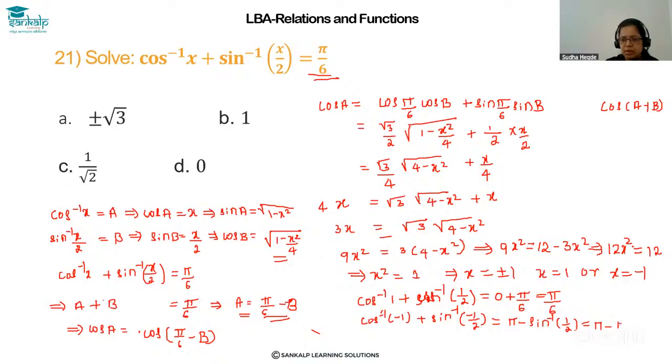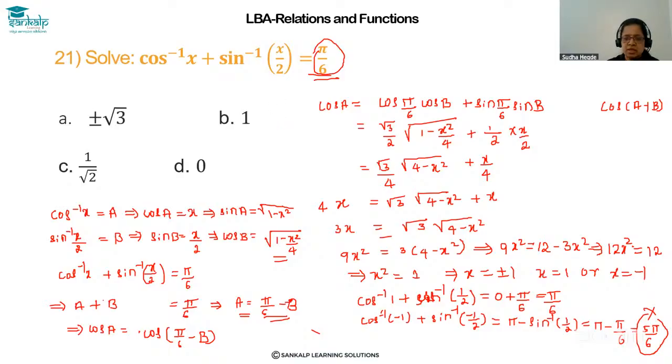It is pi by 6. So you are getting 5 pi by 6. Correct? So it's not matching with the given expression pi by 6. Therefore, this is not matching for the second case.